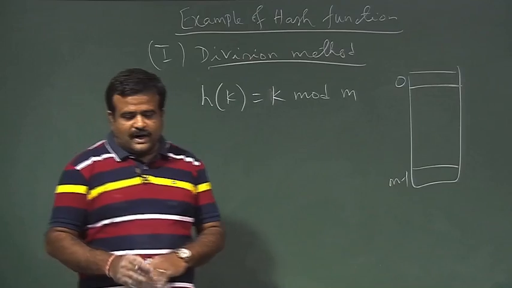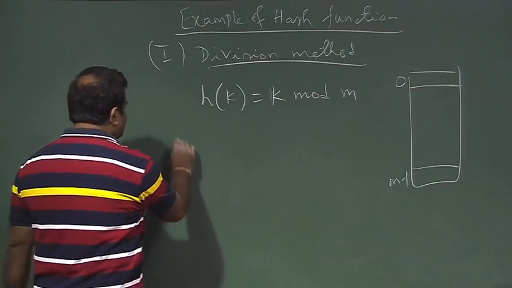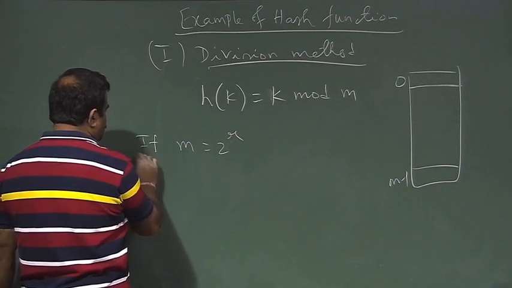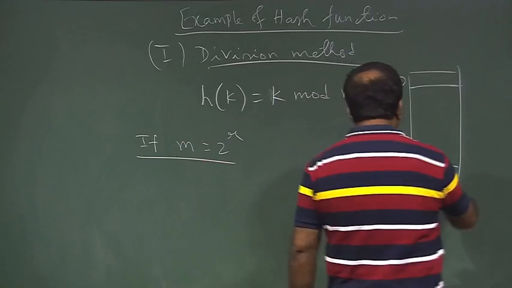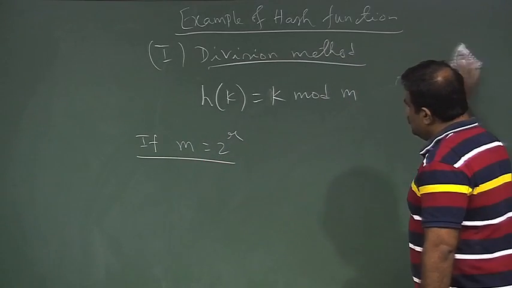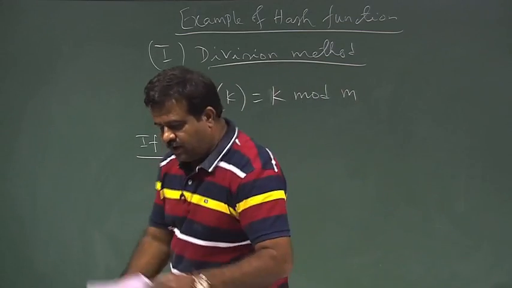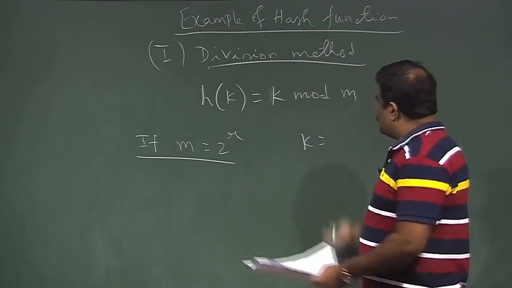So if our m is say 2 to the power r, then we have a problem. What is that problem? Suppose we have a key k, which is an integer, and we convert it into binary.